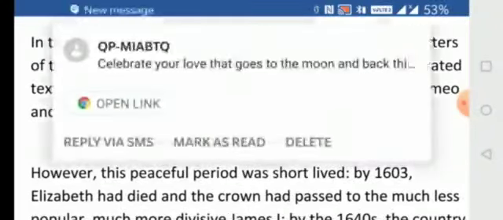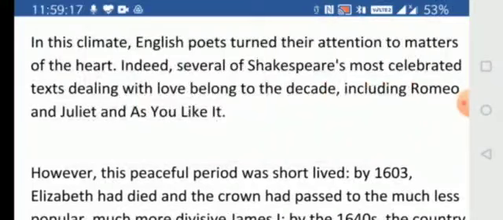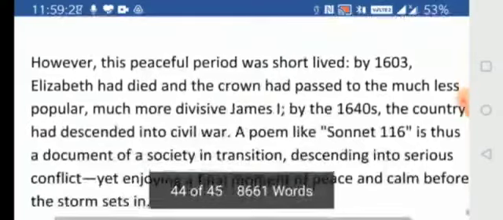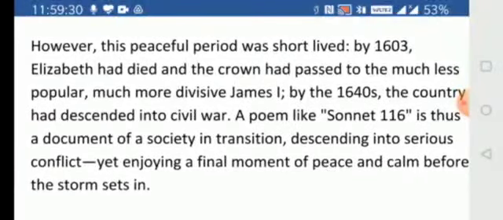Indeed, several of Shakespeare's most celebrated texts dealing with love belong to the decade, including Romeo and Juliet and As You Like It. However, this peaceful period was short-lived. In 1603, Elizabeth died and the crown passed to the much less popular, much more divisive James I. By the 1640s, the country had descended into civil war.